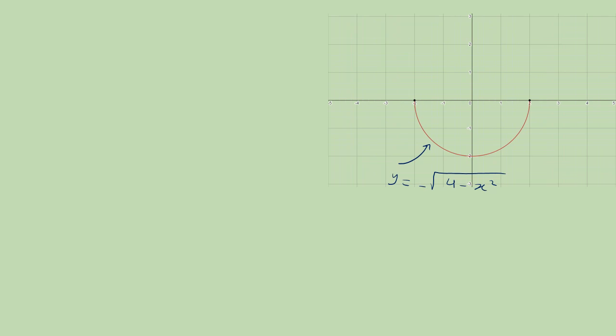We know that the equation of the circle is x squared plus y squared equal 4. If we get y squared, taking x squared to the other side with different sign, it is equal to 4 minus x squared. By taking square root of both sides, we get y is equal to positive or negative square root 4 minus x squared.